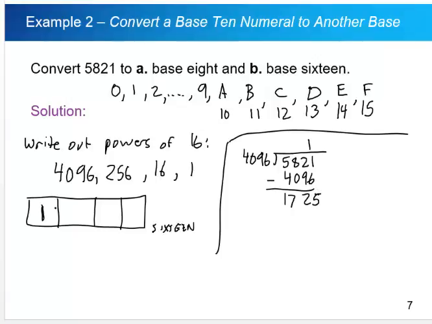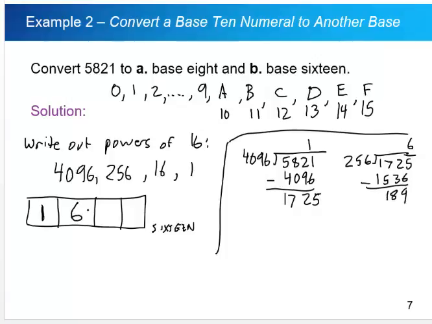I want to put the 1 there in our 4,096 place. And we go on and on with this. How many 256s go into 1725? Well, 6 point something. So I want to write 6. 6 times 256 is 1536. We subtract it, we get 189.